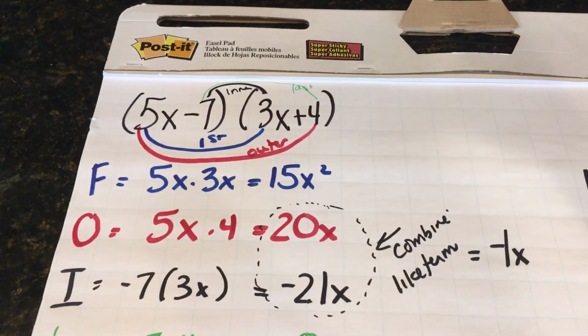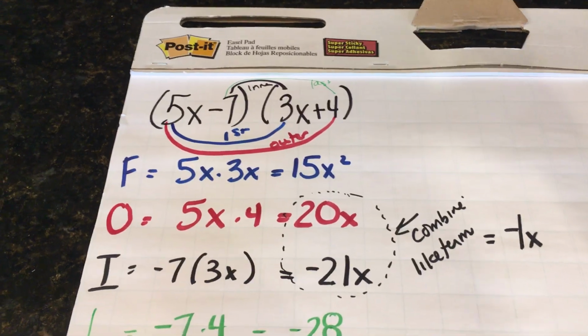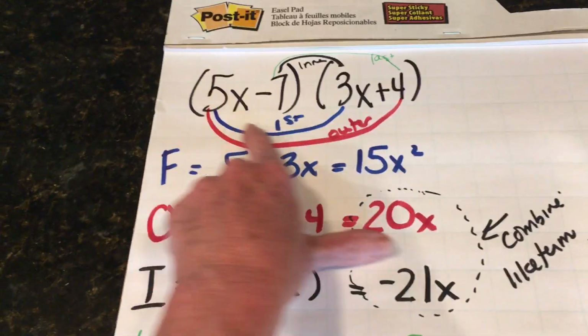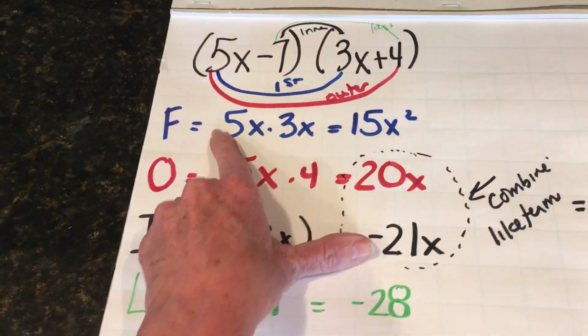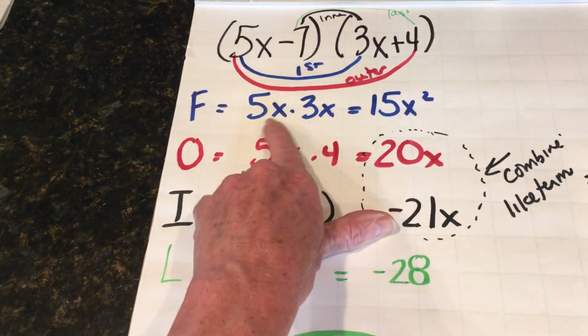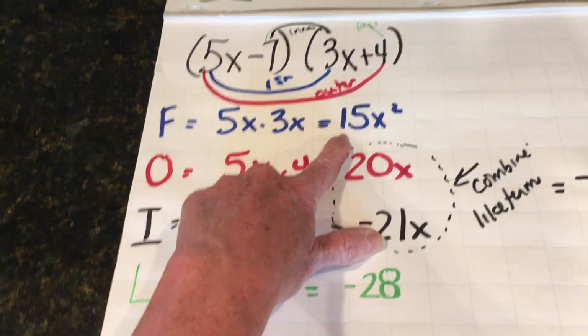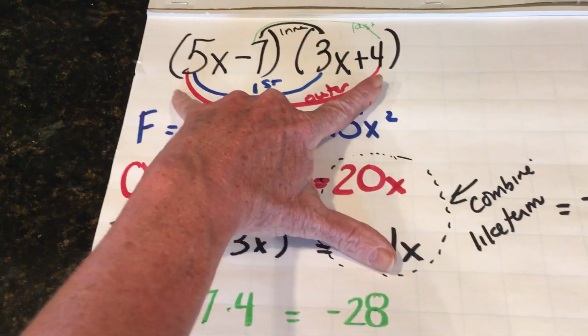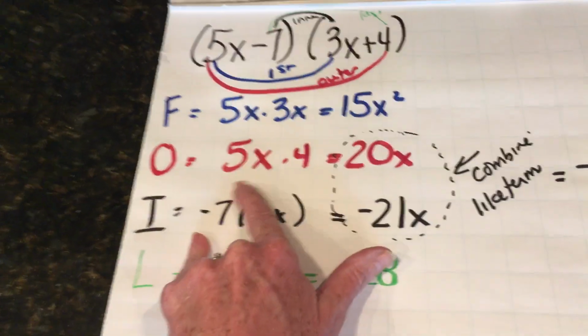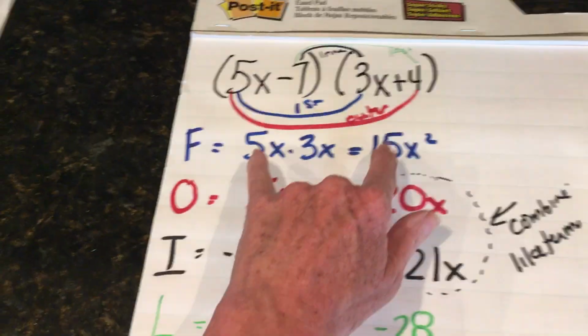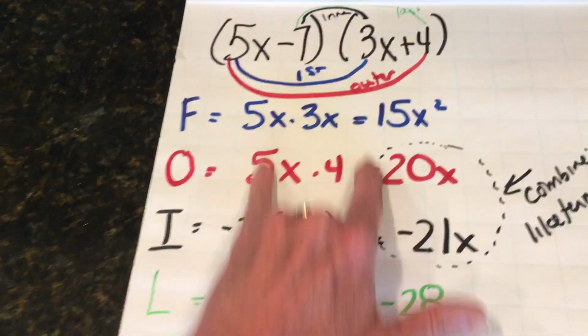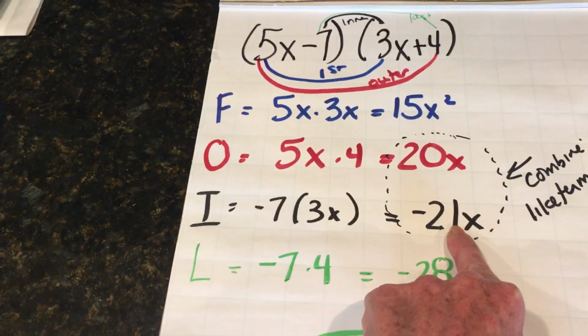Next problem, 5x minus 7 times the quantity 3x plus 4. First, 5x times 3x. 3 times 5 is 15. X times x is x squared. Then we do outer, the 2 that are the farthest apart. 5x times 4, which is 20x. Inner, negative 7 times 3x, which is negative 21x.